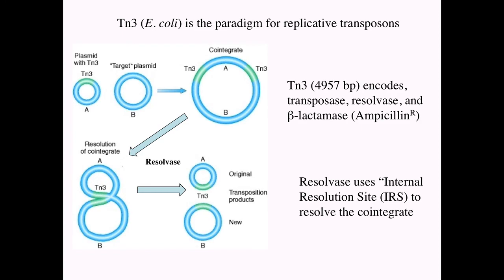Here is the target plasmid, which has a sequence in it that the transposase can recognize. So the transposase of Tn3 recognizes its own internal repeats and has the ability to nick that DNA within those inverted repeats.